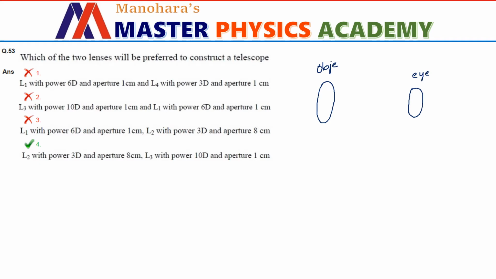Objective should have a larger aperture in order to gather more light from the distant object, and the eyepiece, on the contrary, will have a lesser aperture compared to the objective. The focal length of the objective is greater, and that of the eyepiece is lesser.